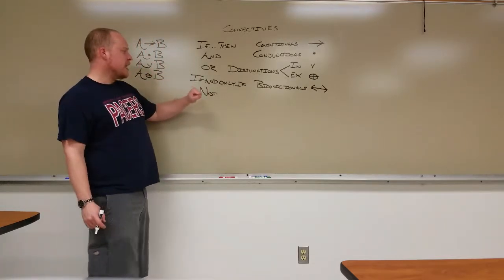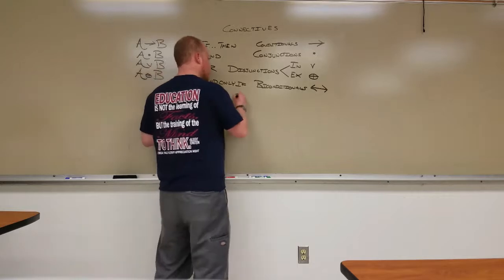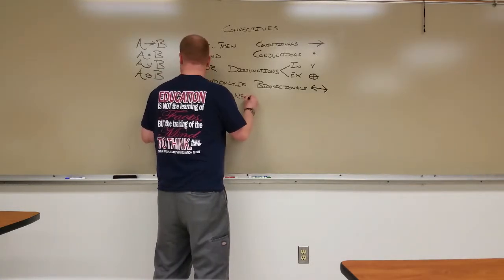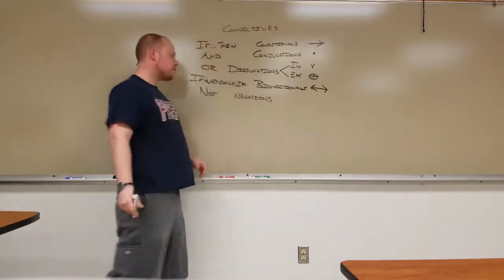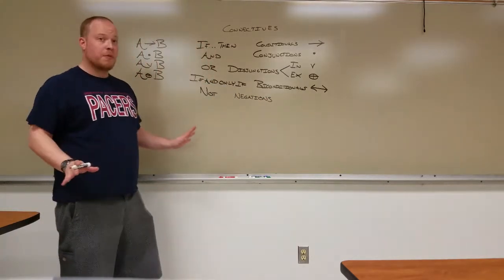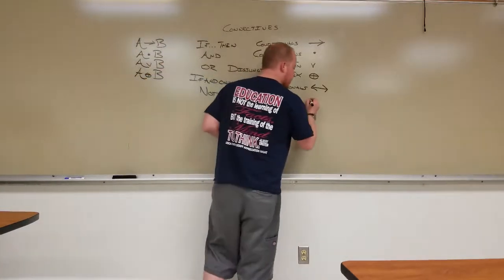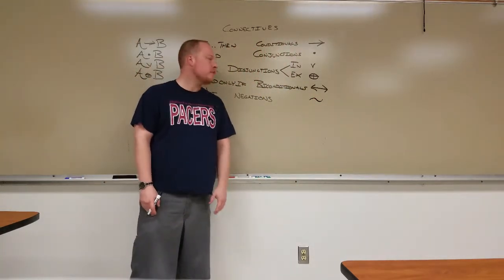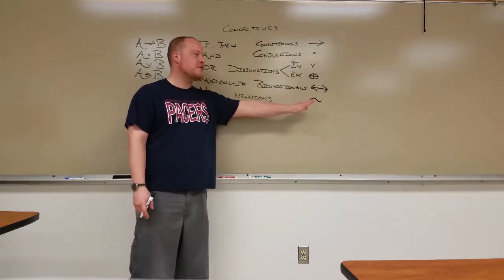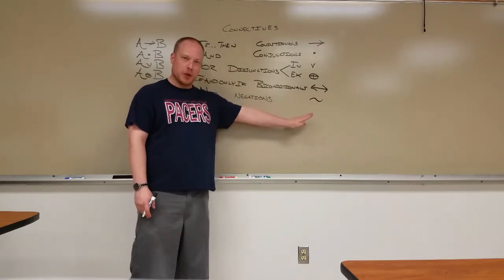And then finally, the last one, not. These are negations. The symbol we'll be using for negations is the tilde. Some people call it the squiggle. That's fine. It's the squiggle that you see above the word jalapenos.